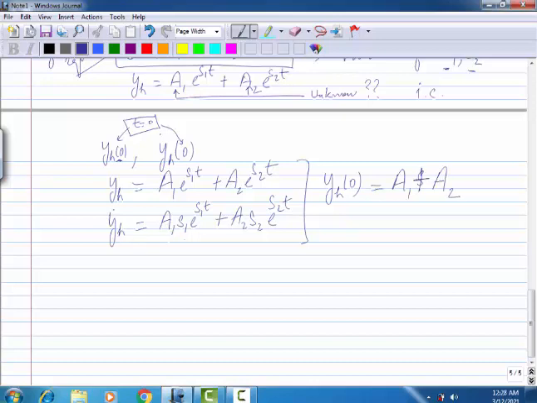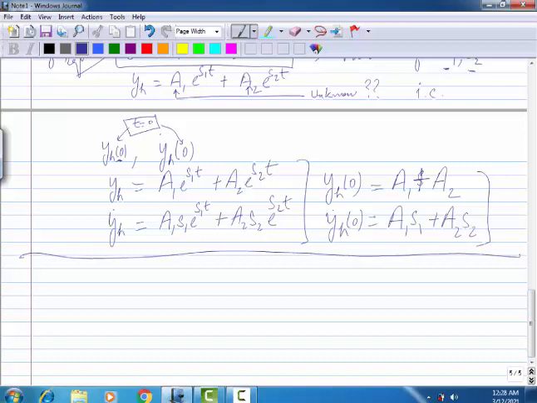Similarly, y_h dot of 0 equals a1 s1 plus a2 s2. Now you have two equations and two unknowns, and you can easily find the solution. This is the solution when you are solving a homogeneous equation.